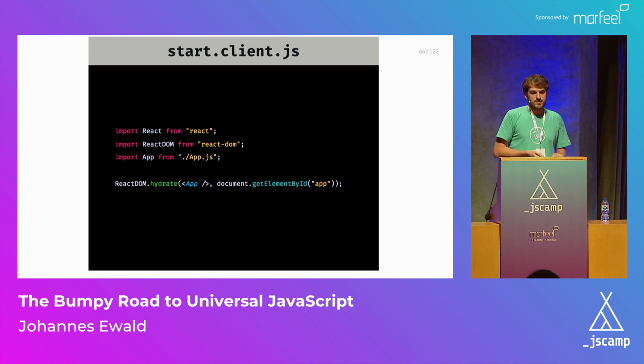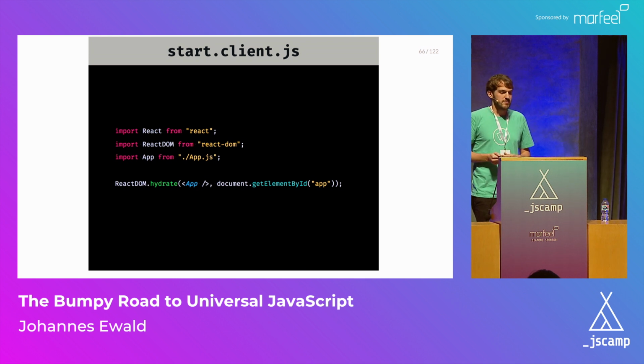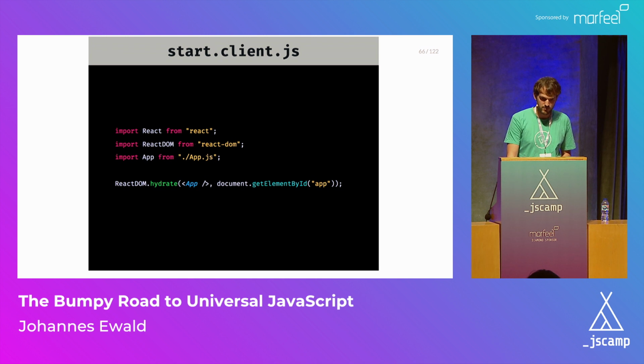And on the client, in start client.js, we can use the hydrate method from React to synchronize the application, the component tree, with the generated HTML that comes from the server.